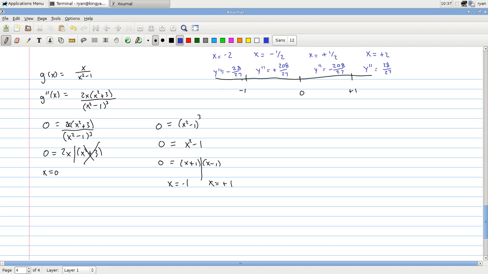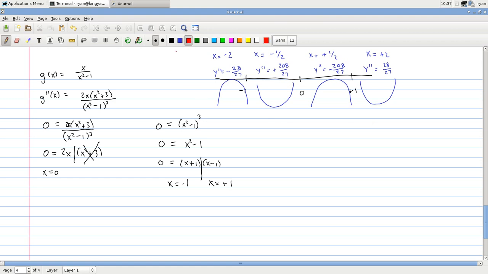Since the second derivative is negative on this first interval, we know the function's concave down. It's positive in the second interval, so we know the function is concave up. Between 0 and 1, the second derivative was negative, so we know the function's concave down. And to the right, the second derivative is positive, so we know the function is concave up.